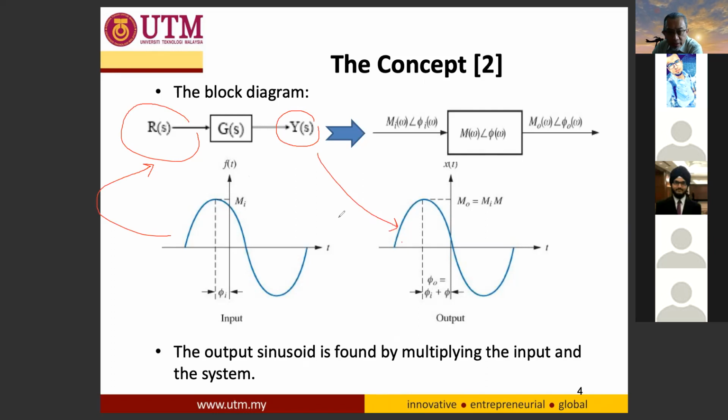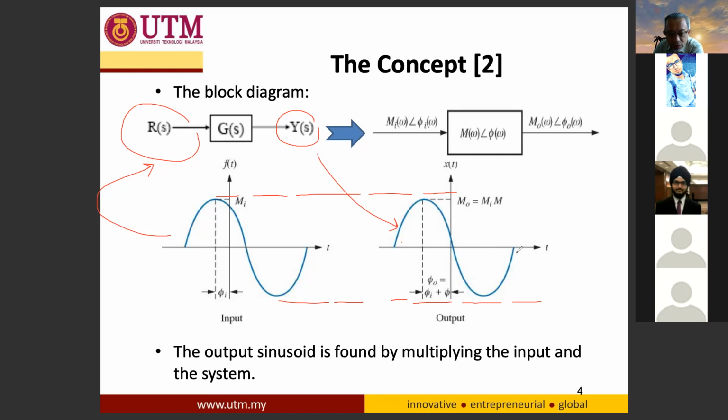You can see that there is a slight change in the amplitude, which is a little bit smaller, and then the phase difference is shown in the diagram, where the phase difference can be positive or negative.